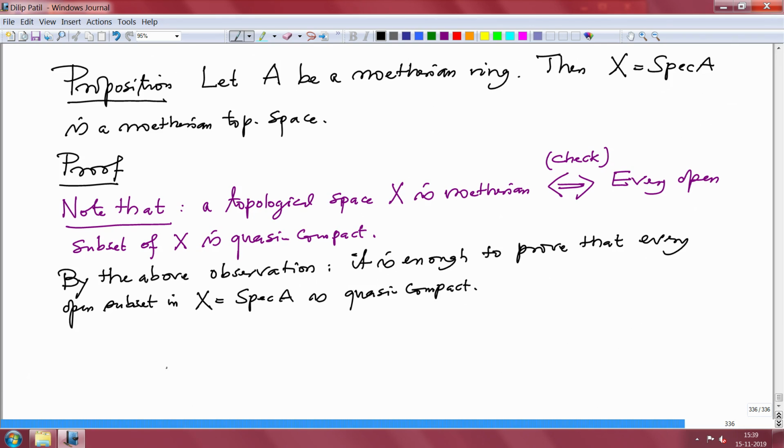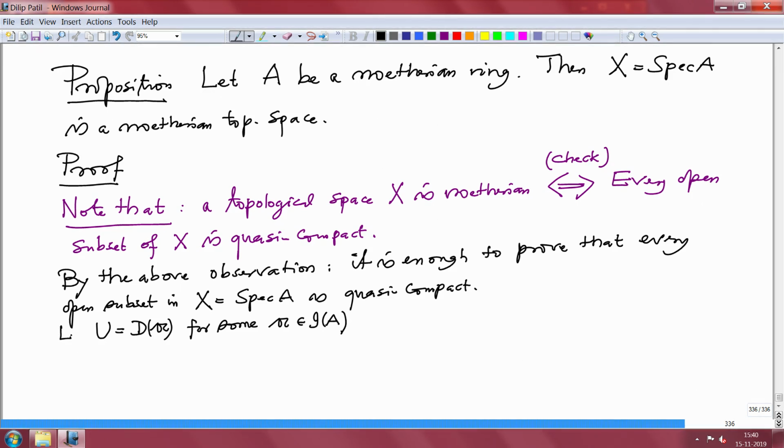Alright, so that means what? How does an open subset look like? So start with an open subset. Every open subset will look like U, which will be the complement of a closed set, that is D of a, for some ideal a in A.